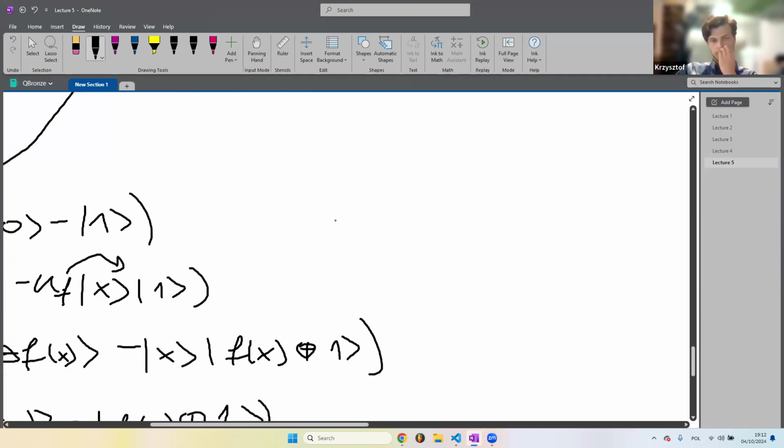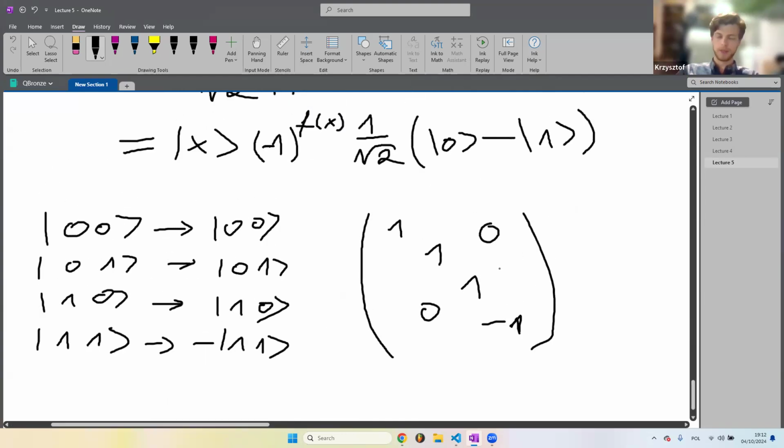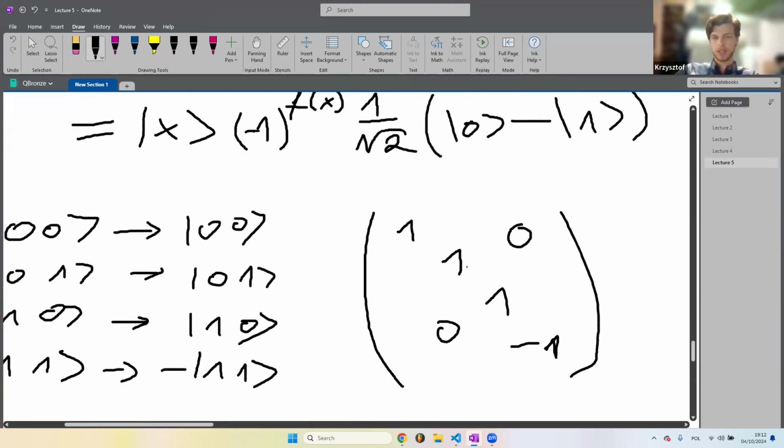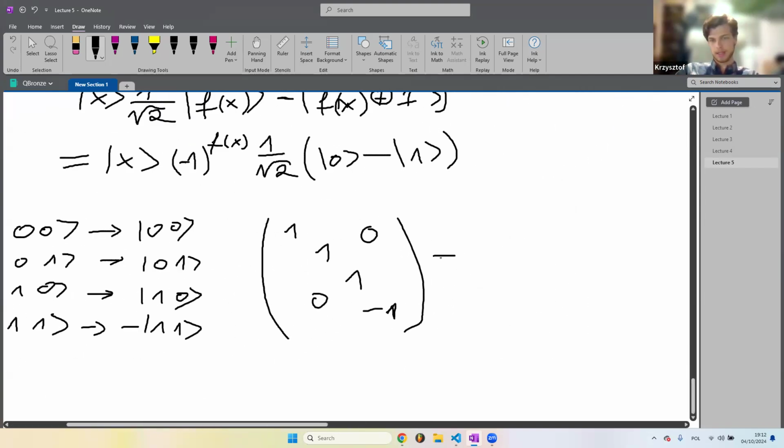So both those qubits will get a minus sign in front of them. So there are two ways of actually implementing this gate. This can be either a control Z gate or phase kickback algorithm.